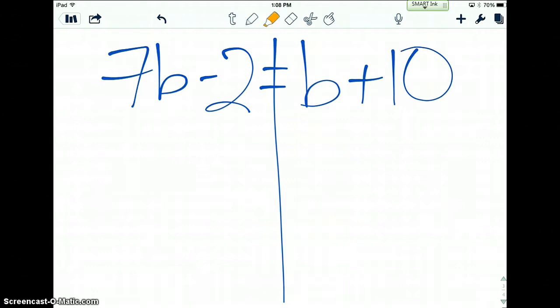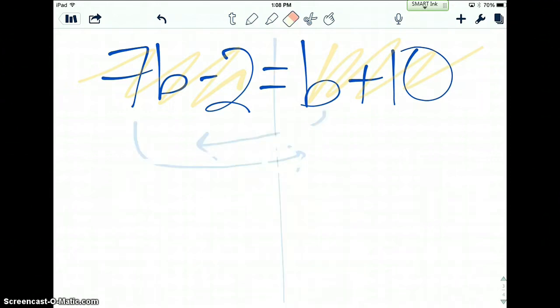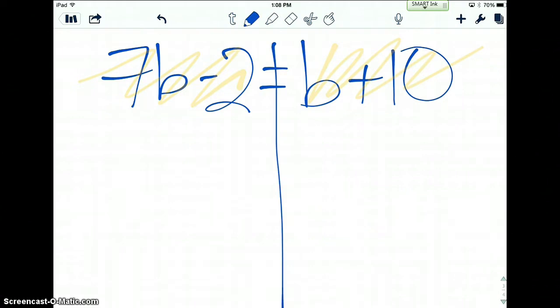All right, so first off, this over here, could I simplify that? No. Okay, to the right, could I simplify that stuff? No, they're not like terms. Okay, so now I get to bring those variables together on one side. Remembering, I could bring the 7b over here, or I could bring the b to this side. You have options, people. What are you going to do? Well, I like to keep my variables positive wherever I can.